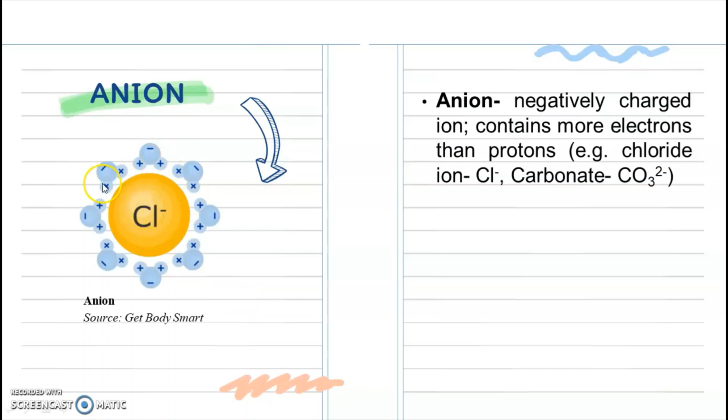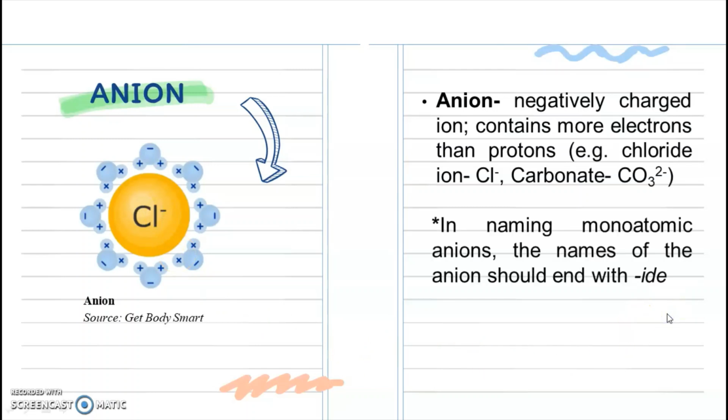So, ito daw yung ating chloride ion. Mas madami yung kanyang electrons, kaya meron siyang negative charge. So, in naming monoatomic anions, the names of the anion should end with IDE. So, for example daw, sa halip na chlorine siya, pag naging siyang anion, magiging siyang chloride.